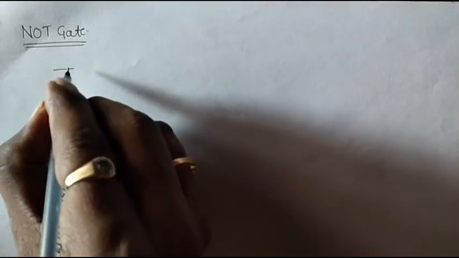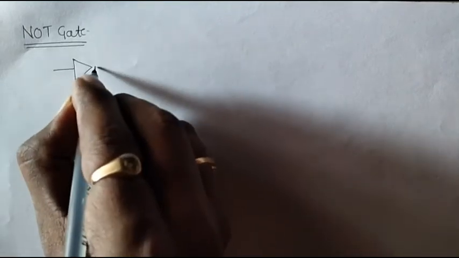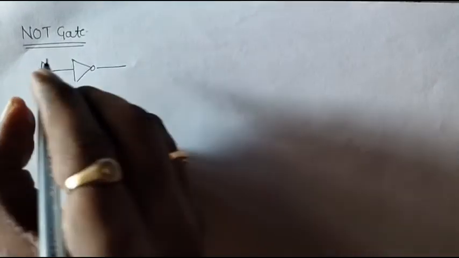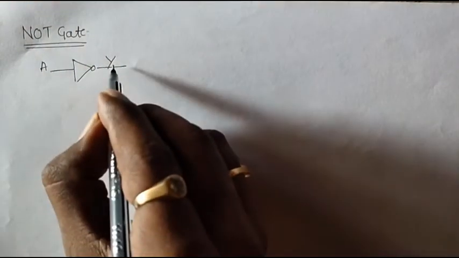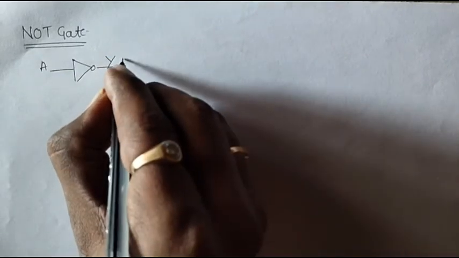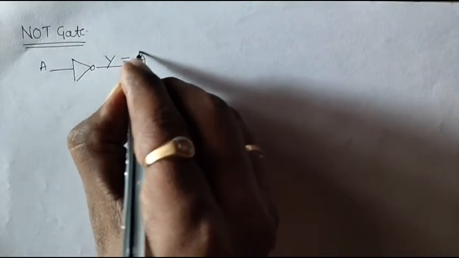Let us study NOT gate. NOT gate is the one which produces complement output. NOT gate can be represented by symbol. It takes one input and produces one output, and the output Y is always complement of the input, so that we can write Y is equal to A bar.